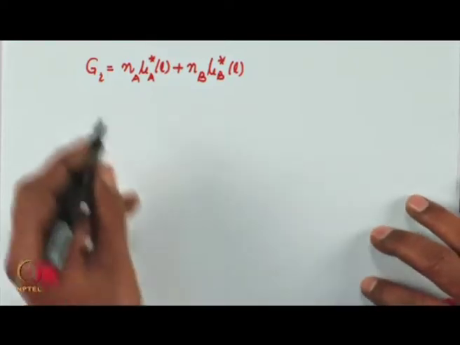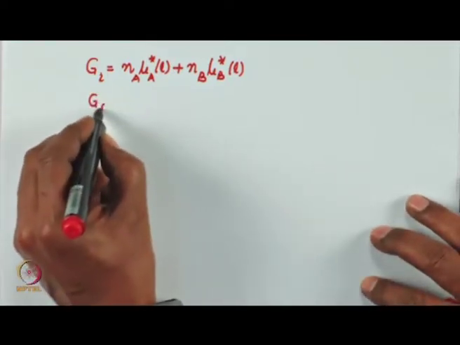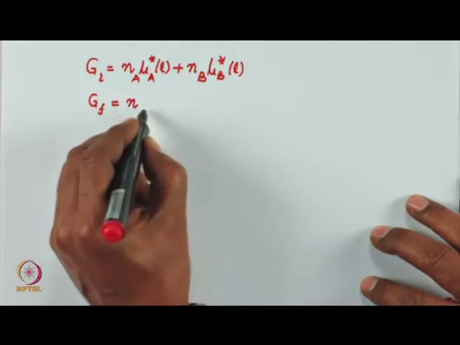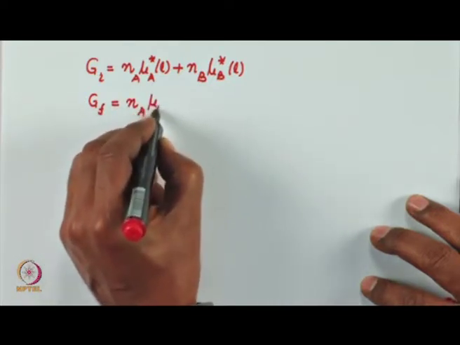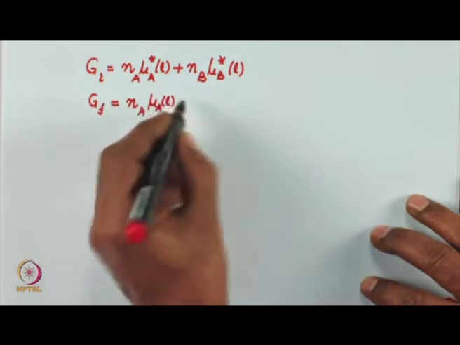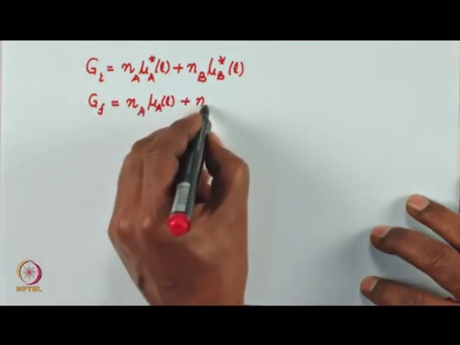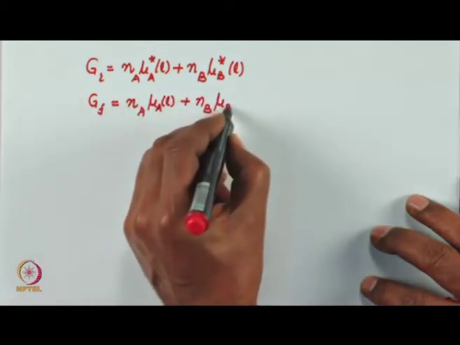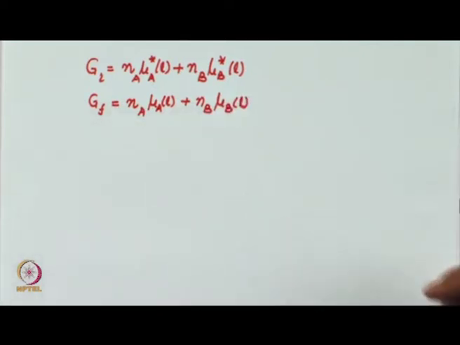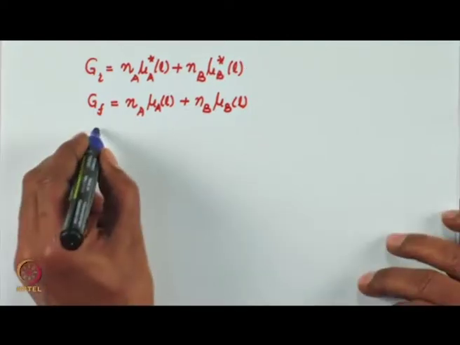Now, mix them. Once you mix them, G final is going to be NA times mu A L, removing the star, plus NB times mu B L. Now, I will expand this further.